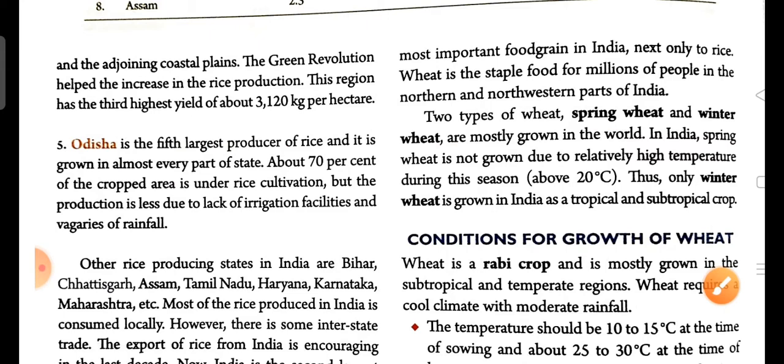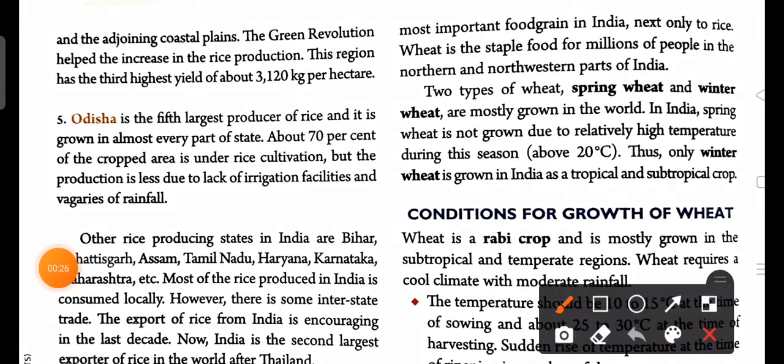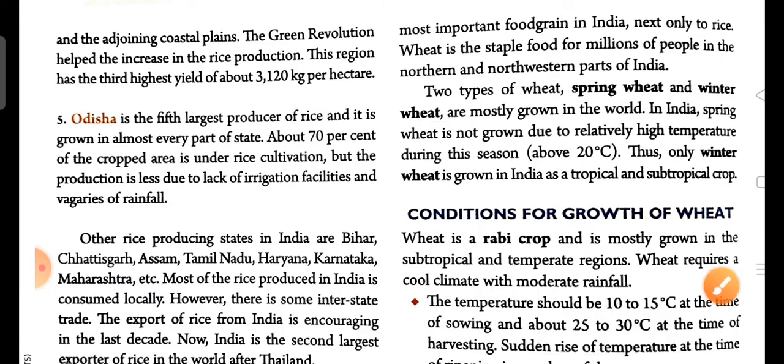But spring wheat is harvested in the fall, whereas winter wheat is harvested in the summer season. Both are nutritious, but winter wheat has higher protein than spring wheat. Now, in India, spring wheat is not grown.